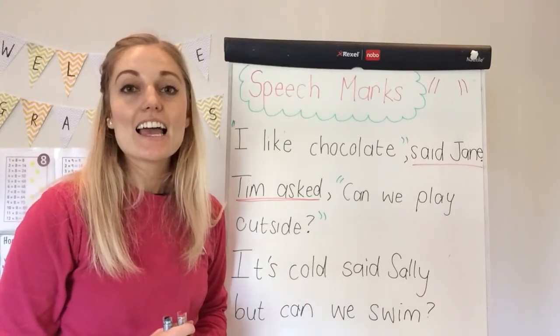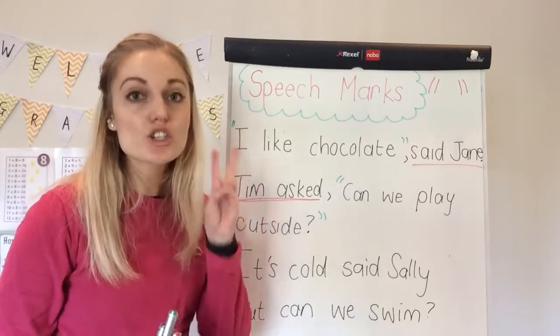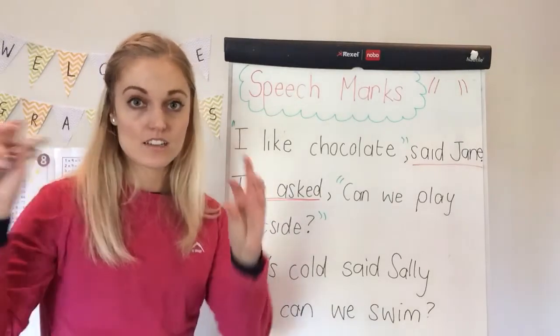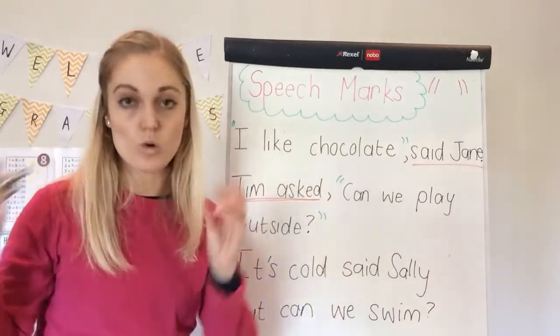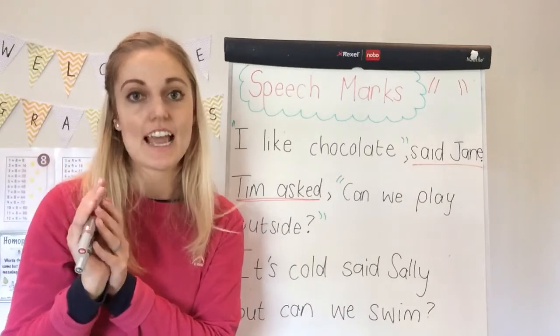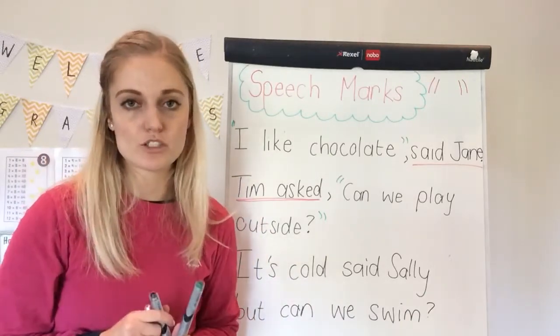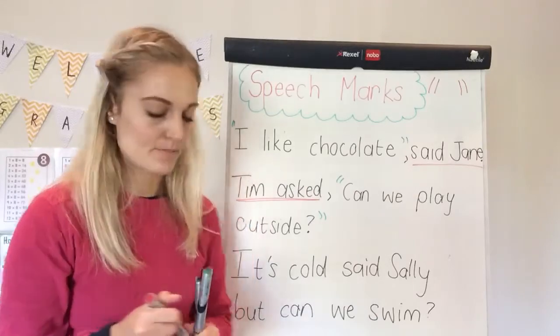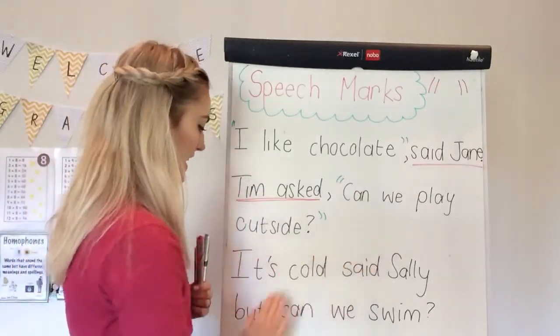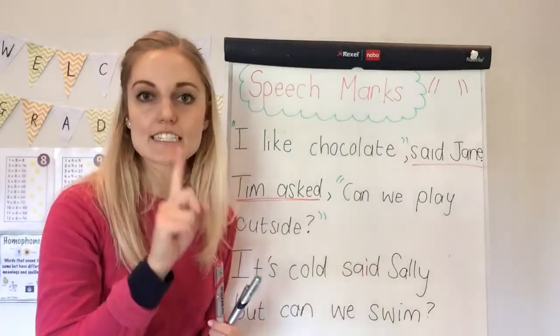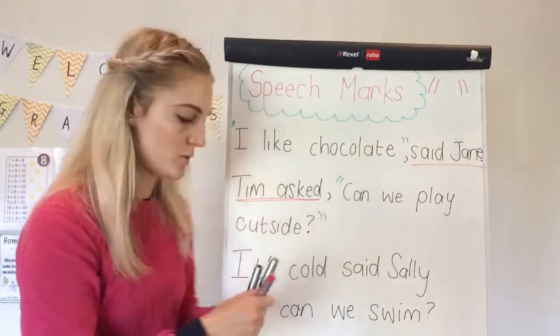Now, here we've got two direct speech parts of our sentence, and we've got one tag. First step, what must we do? Identify the tag. It's cold, said Sally, but can we swim? Said Sally, the person who said those words.